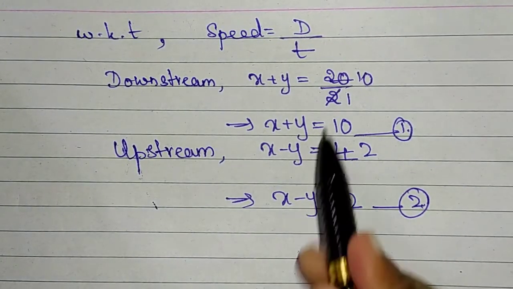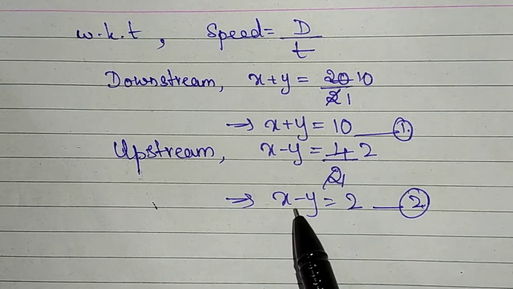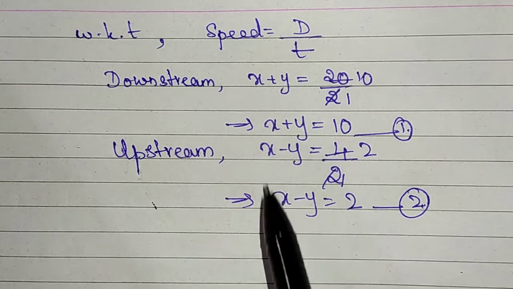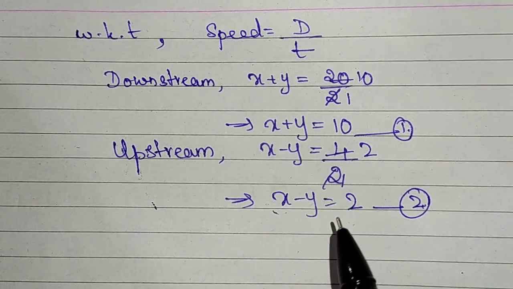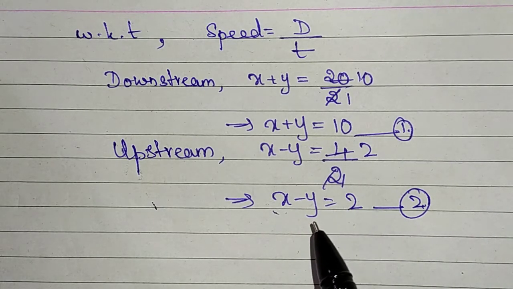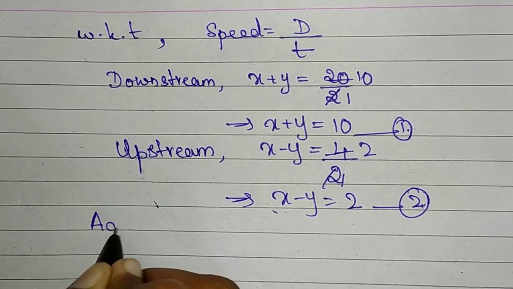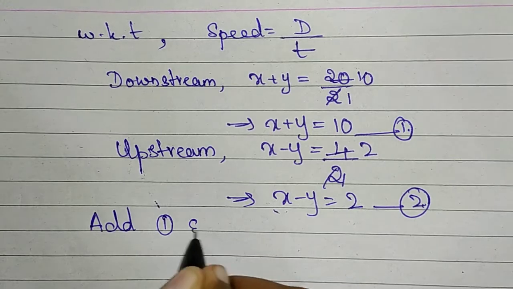As you can see, both of our equations are already the perfect representation of linear equations in two variables. We don't have to substitute them with any other variable. And you can also see that the coefficients of each of these variables are already the same. We don't even have to make the coefficients same. So I am directly going to add equations 1 and 2.